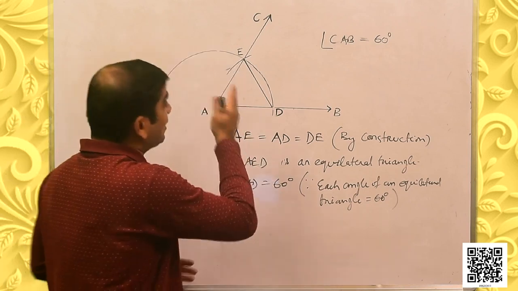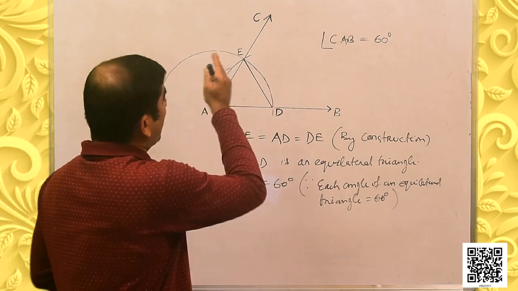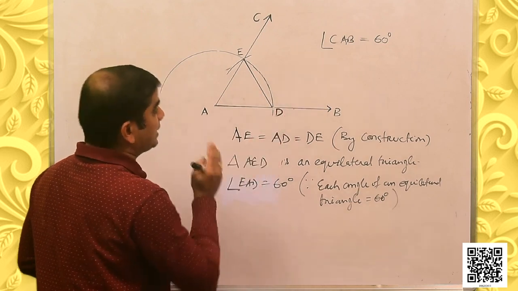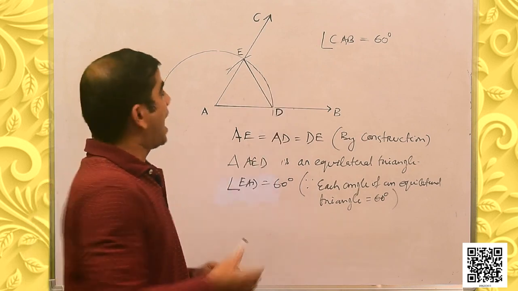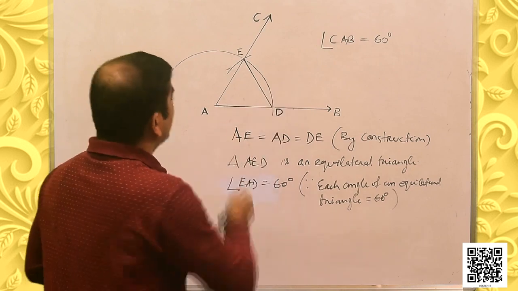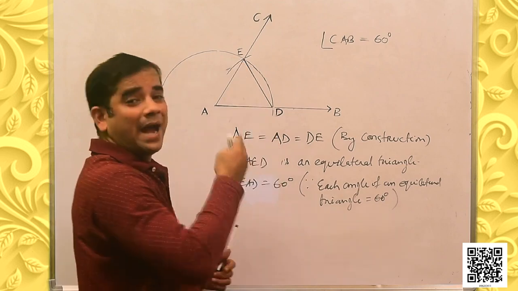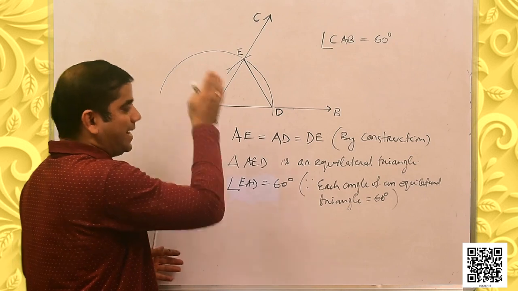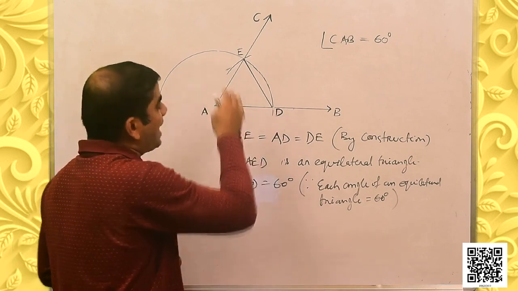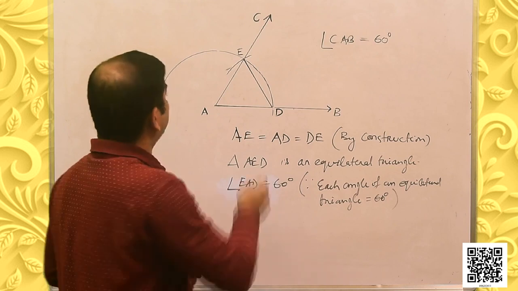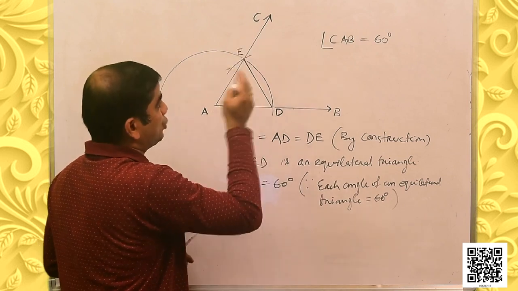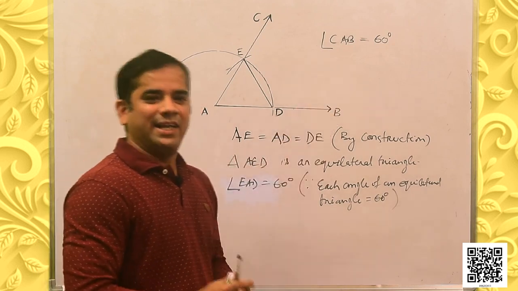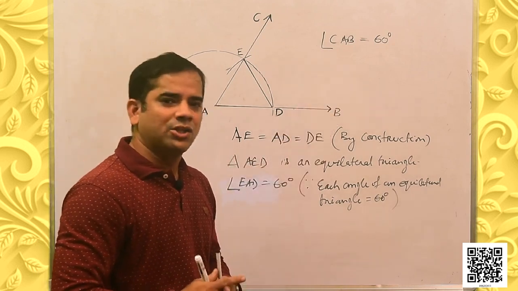That means by following the procedure, we have constructed the angle CAB which is equal to 60 degrees, and we have proved it by joining the points E and D and constructing triangle AED and finding out that AED is an equilateral triangle. That means angle EAD is equal to 60 degrees, which says angle CAB is equal to 60 degrees. Hope you have clearly understood this concept.